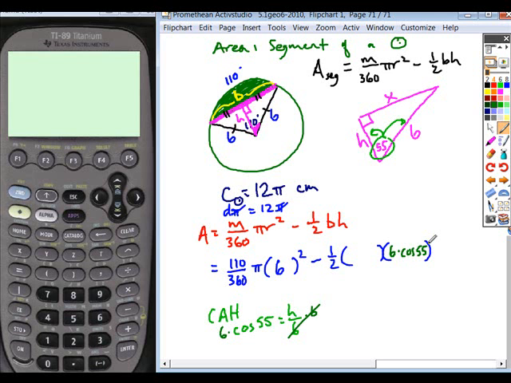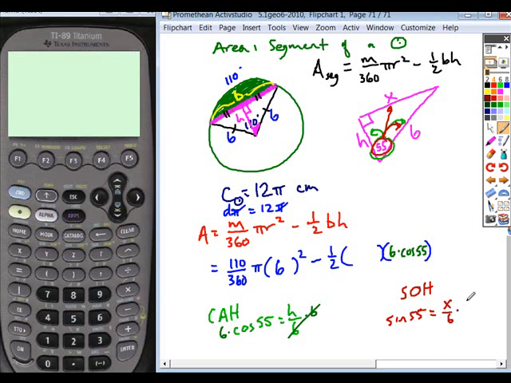The last thing we need to do is find our base. If we use, again, our angle of 55, we have our opposite side. We also have a hypotenuse. The trig ratio that relates opposite and hypotenuse is sine. So we have the sine ratio of 55 degrees is equal to x over 6.